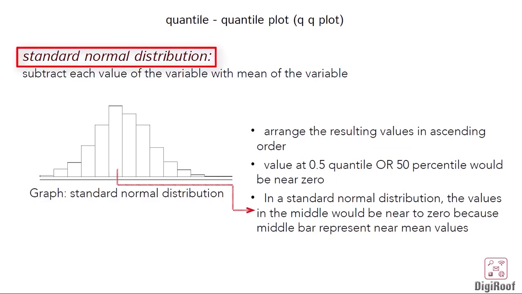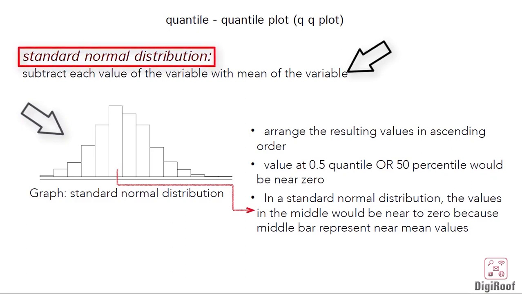We will first go through standard normal distribution. Let's say we have a numeric variable and we subtract each value in that variable with the mean of the variable and make a distribution of the resulting values. This distribution can be referred to as a standard normal distribution. This is because we standardized all the elements in this distribution by subtracting them with the mean of the variable.